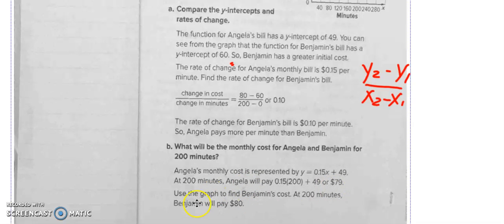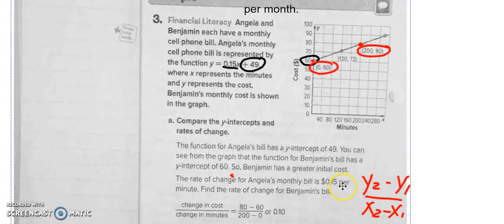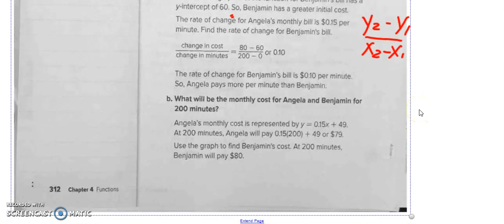If we look at the graph to find Benjamin's cost at 200 minutes, that was actually a point on there, so the minutes right here at 200, he will be paying $80. So after 200 minutes, Angela is actually going to start paying more because her rate is more. Until then, Ben is still paying a little bit more than Angela, and then it would change after that.